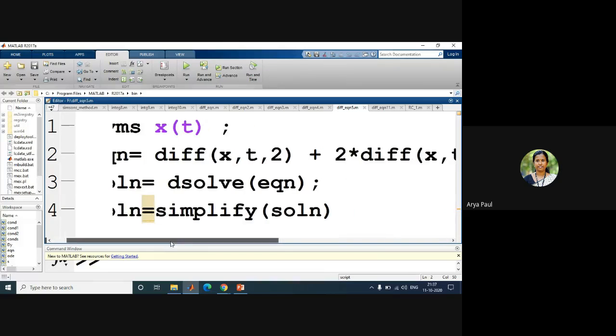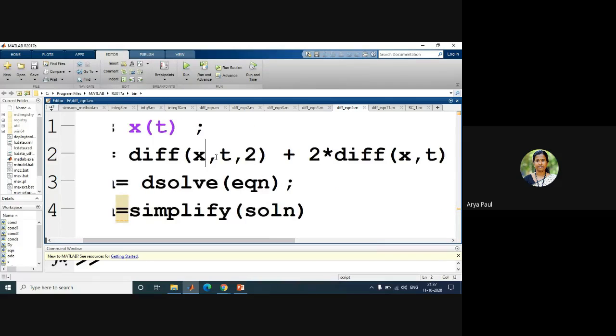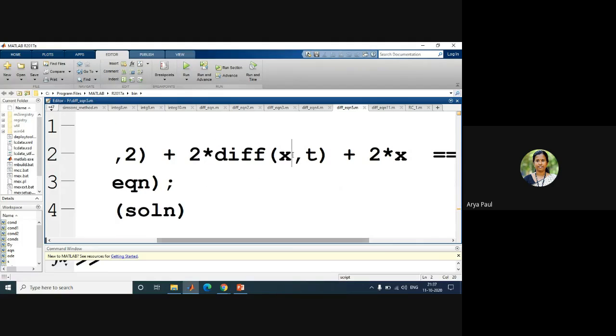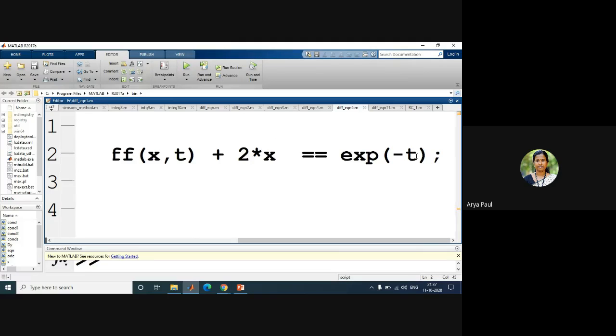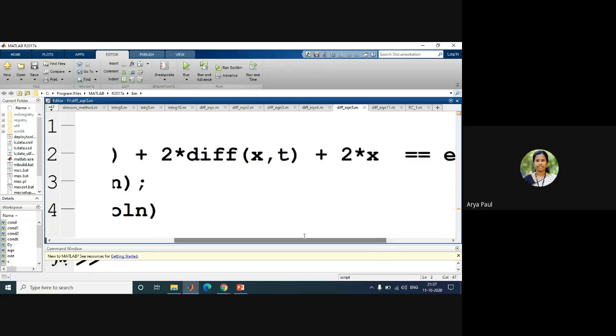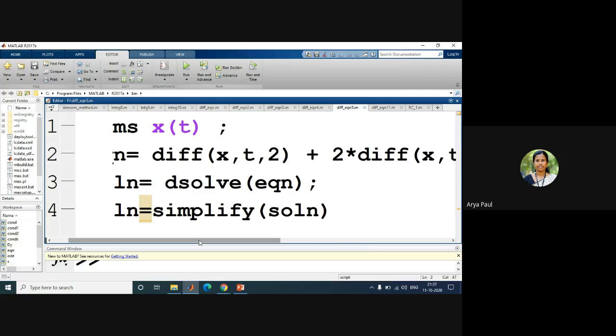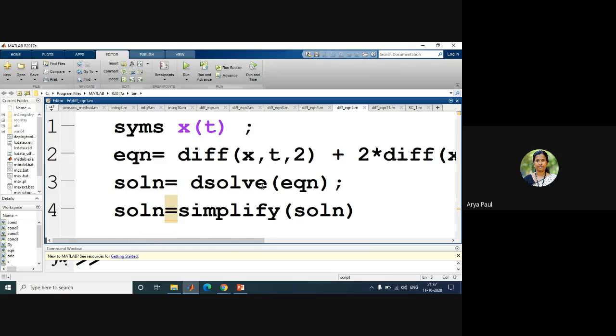This is the complete equation. No initial condition is given, so you can solve this equation and simplify it.